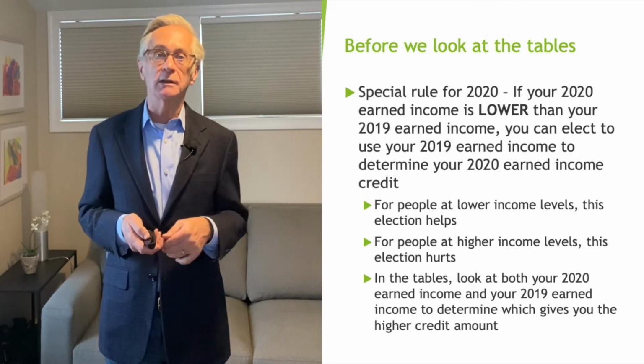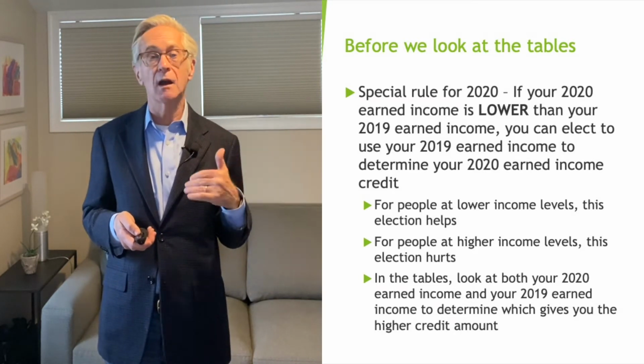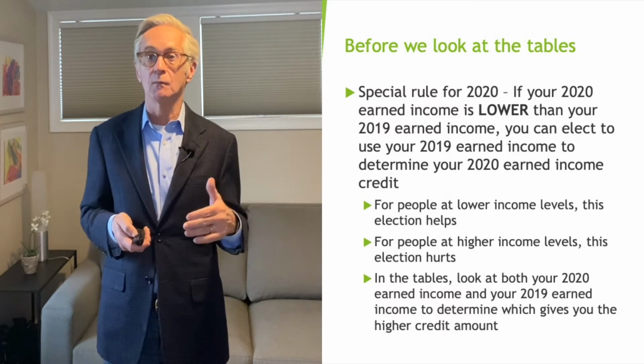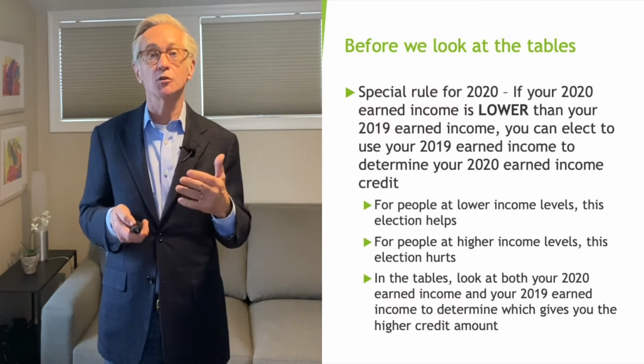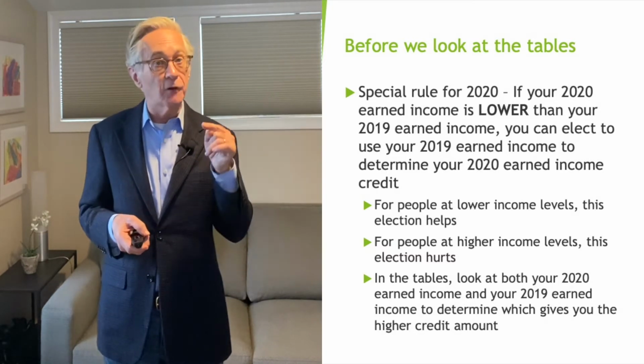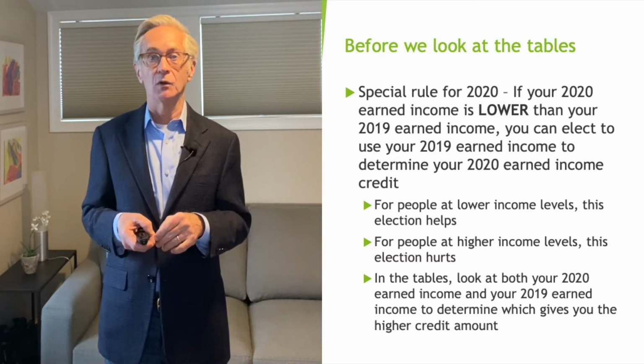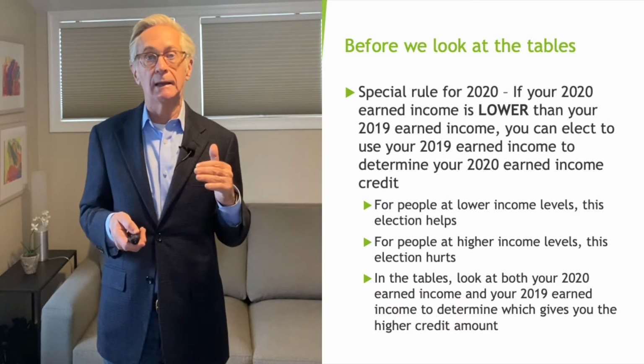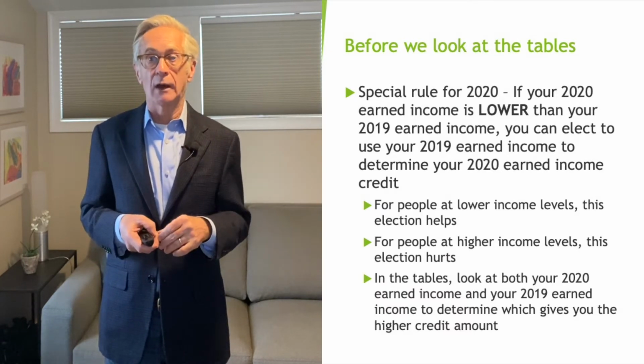But a little caution here, for people at lower income levels, making that election to use your 2019 earned income helps. It will get you a larger credit for 2020. But for people at higher income levels, that election actually will hurt. It will result in a lower earned income credit for 2020.